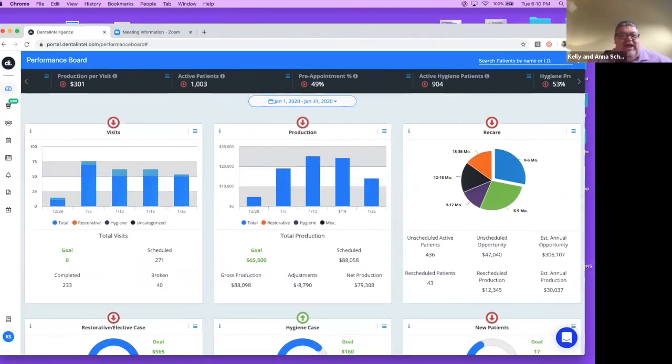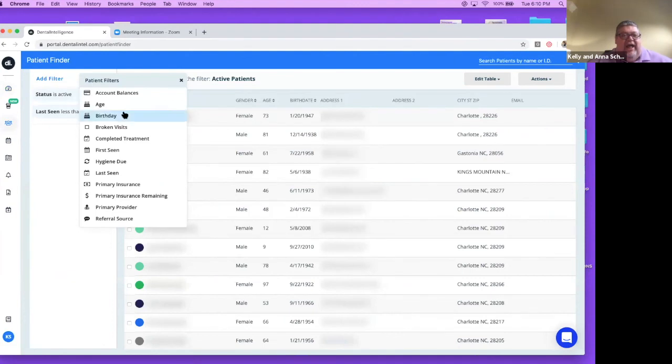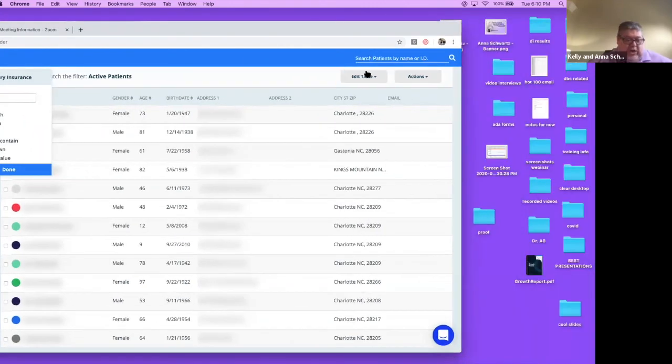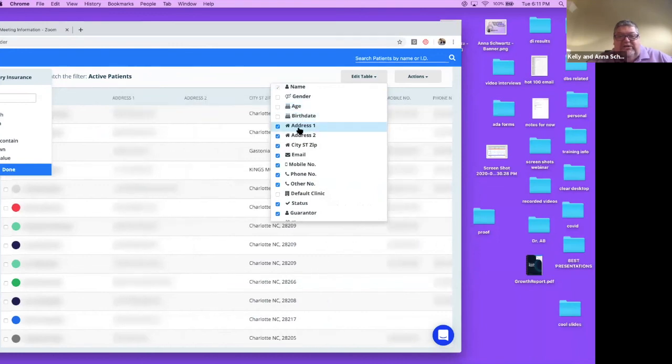The last thing, and I'm only going to show you real quick, is here in Patient Finder, we can go in here and add the filter, and all we want to see is what their primary insurance is or is not. And from there, we can use some filters and it'll show us all of our insurances that we have.